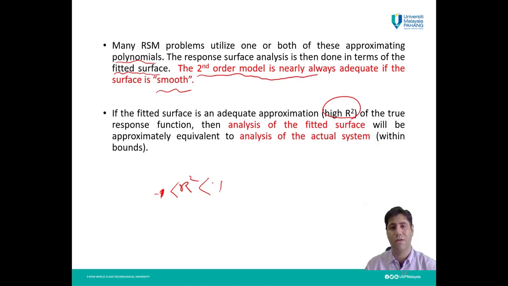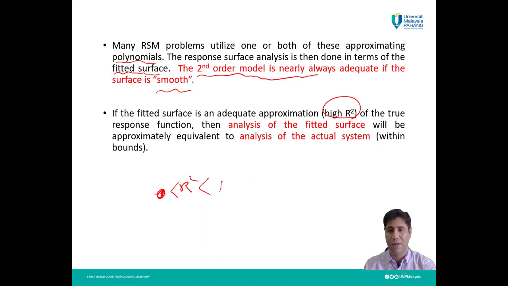The closer it is to 1, it means the accuracy of your model is higher. You can predict the boiling time or cooking time more accurately by knowing the temperature or factors.